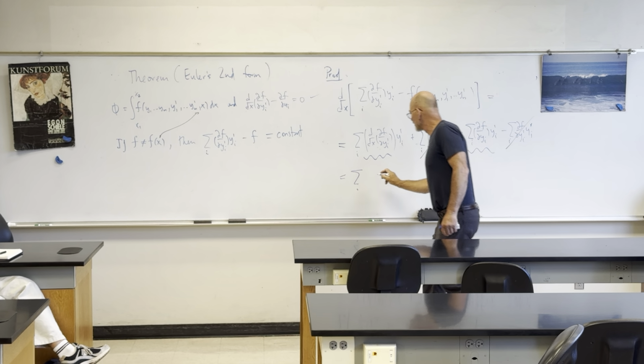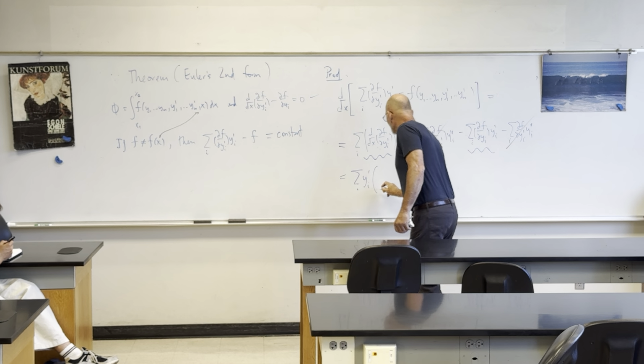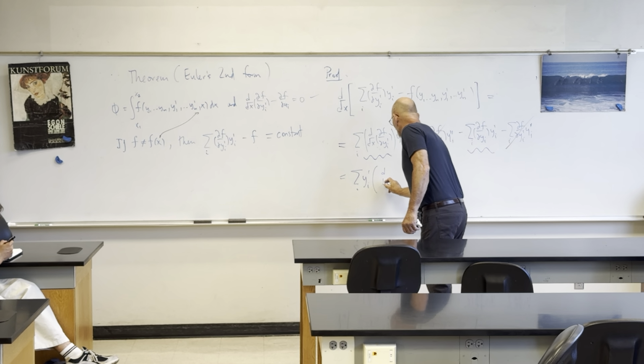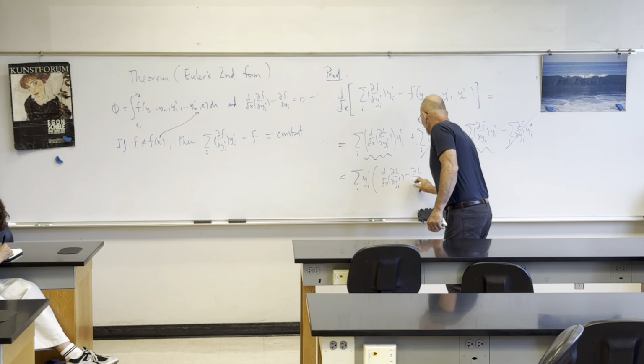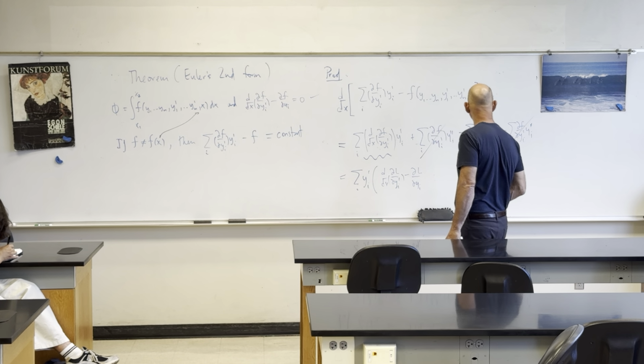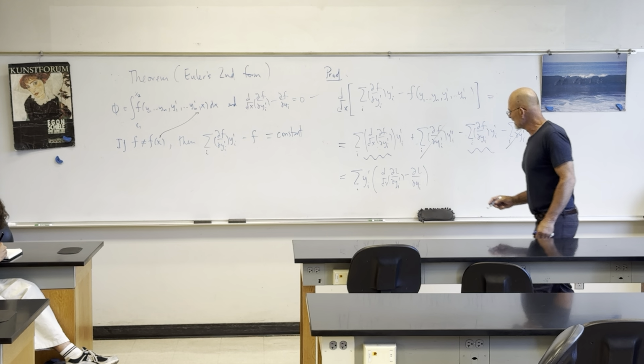So I'll put the y sub i prime here. And then I'll have d over dx of df/dy sub i prime minus df/dy sub i. And then I'll stand back.